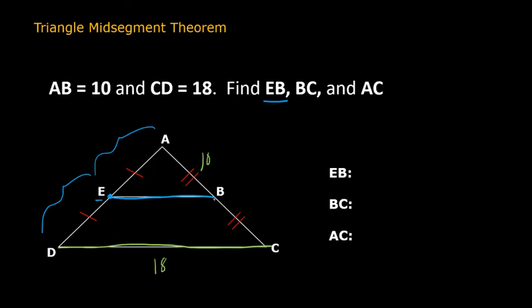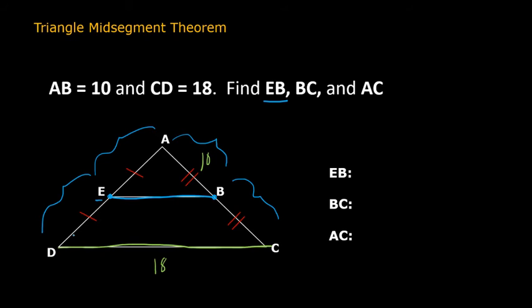If I take a look at B, and I look at the segment AB and the segment BC, I see that they're congruent to one another. And if they're congruent and they have the same measure, then B must be a midpoint of the segment AC. So if B is a midpoint of AC and E is a midpoint of AD, then together these two midpoints form a midsegment of triangle ACD.